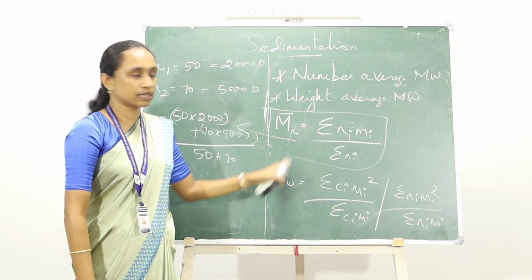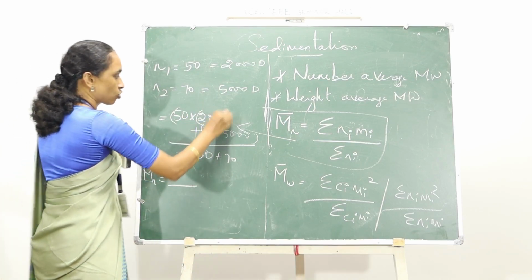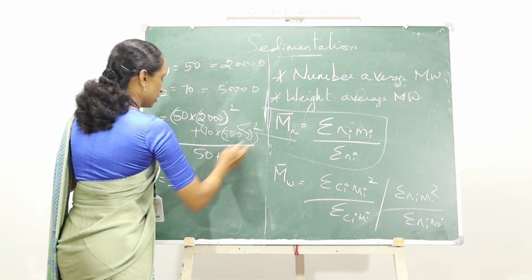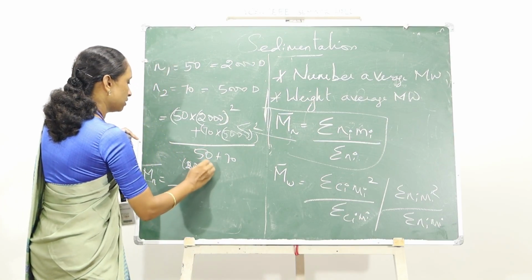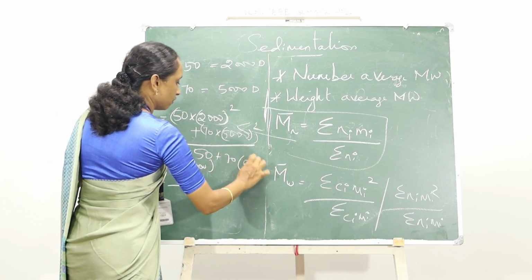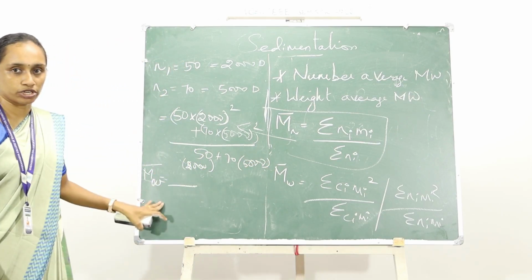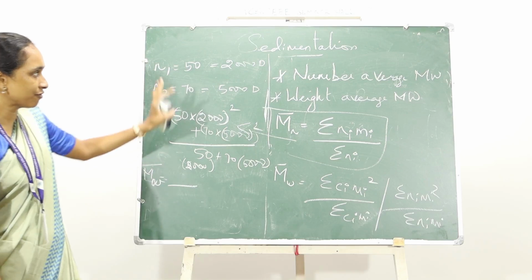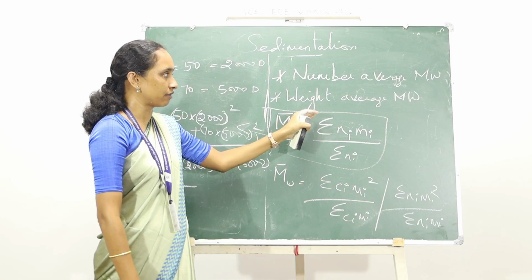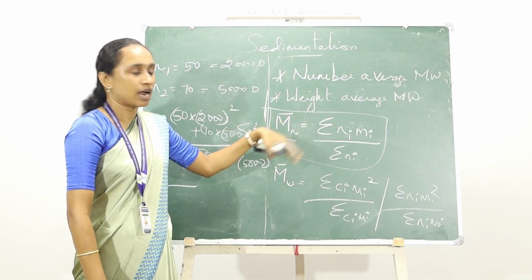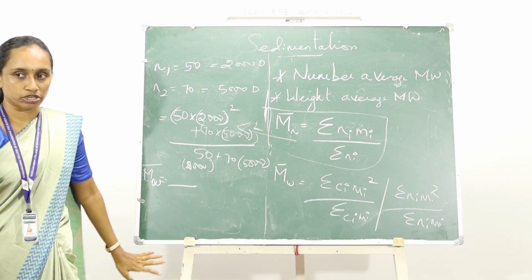Similarly, in order to calculate the weight average molecular weight, you just need to square the molecular weight: 50 into 2000 squared plus 70 into 5000 squared, divided by 50 into 2000 plus 70 into 5000. You will get the weight average molecular weight. So with the help of sedimentation velocity, we can calculate the molecular weight, and also the number average molecular weight and weight average molecular weight.